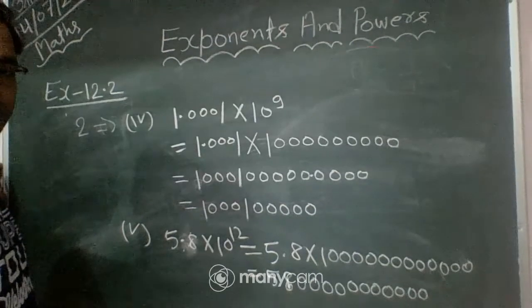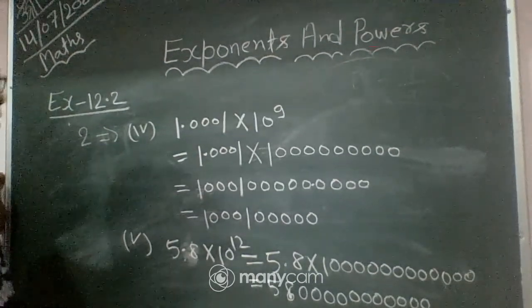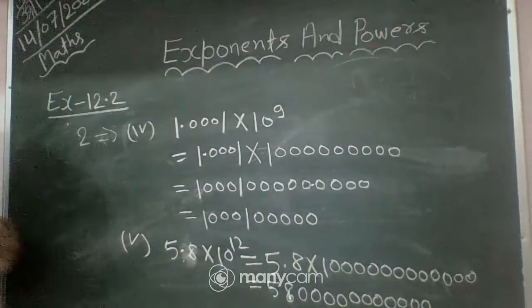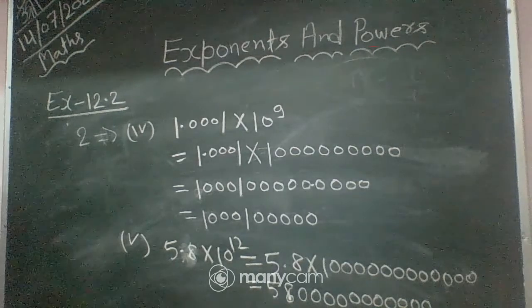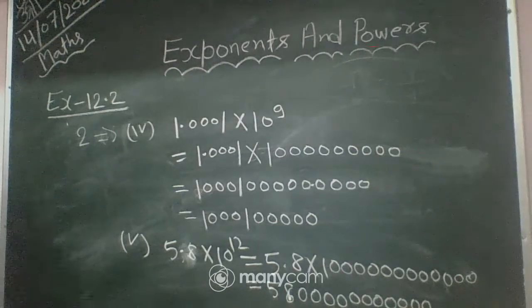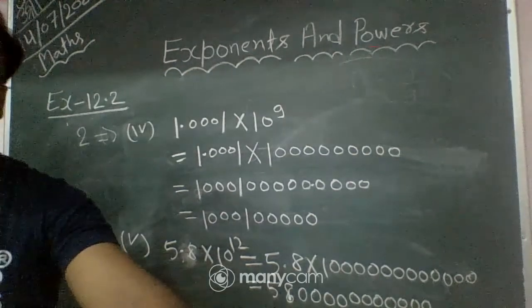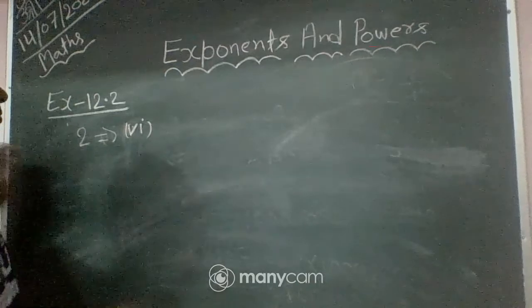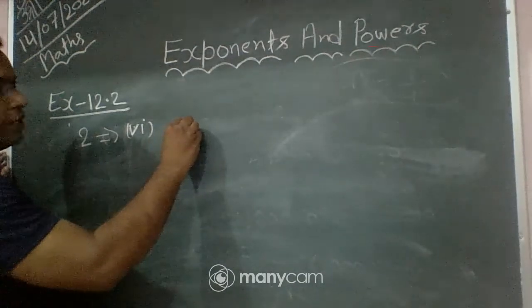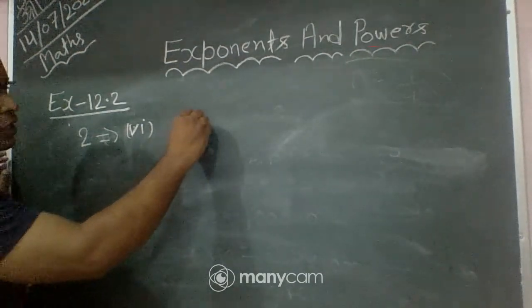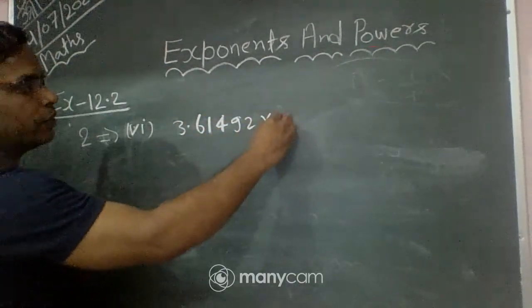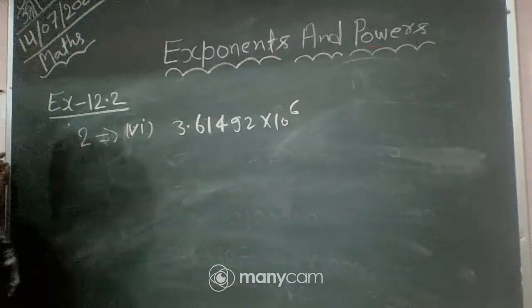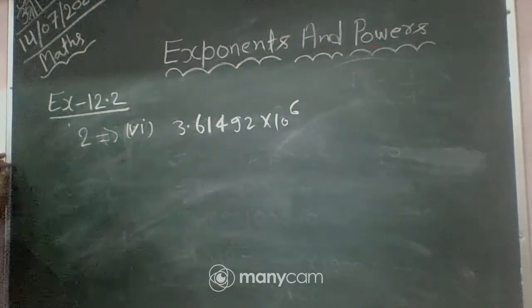Clear? Now the sixth part of this question: 3.61492 into 10 power 6. This is given. We convert it into usual form.